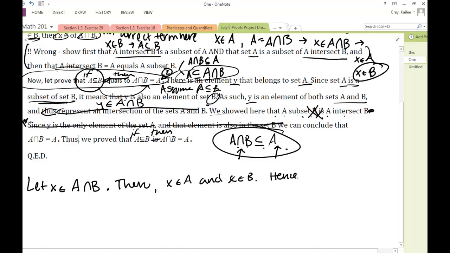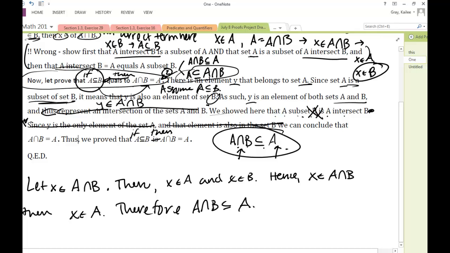So to show subsets, we just take an element in the first set, then X is in A. Therefore, that's all the little piece we need to include to show that this subset relationship also holds. Okay? So just insert something to that order there. And then just watch your wording here. We're proving if A is a subset of B, then, okay.